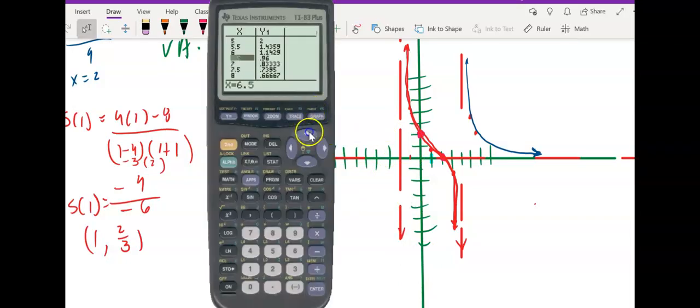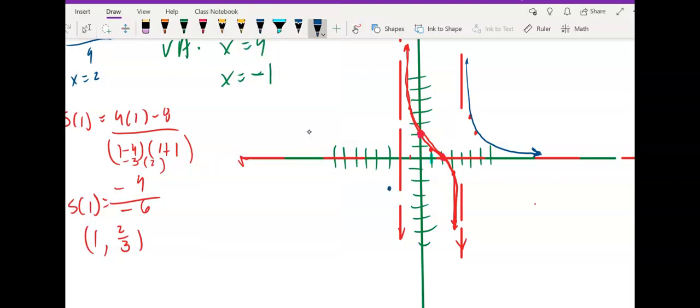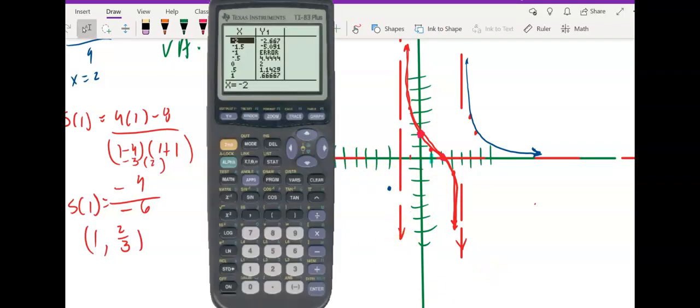All right, so we're going to jump back up here. And -2 maps to -2 and 2/3, -1, -2. -2 and 2/3 is going to be 1, 2, about here. Let's just do a couple more points there. What about -3/2?